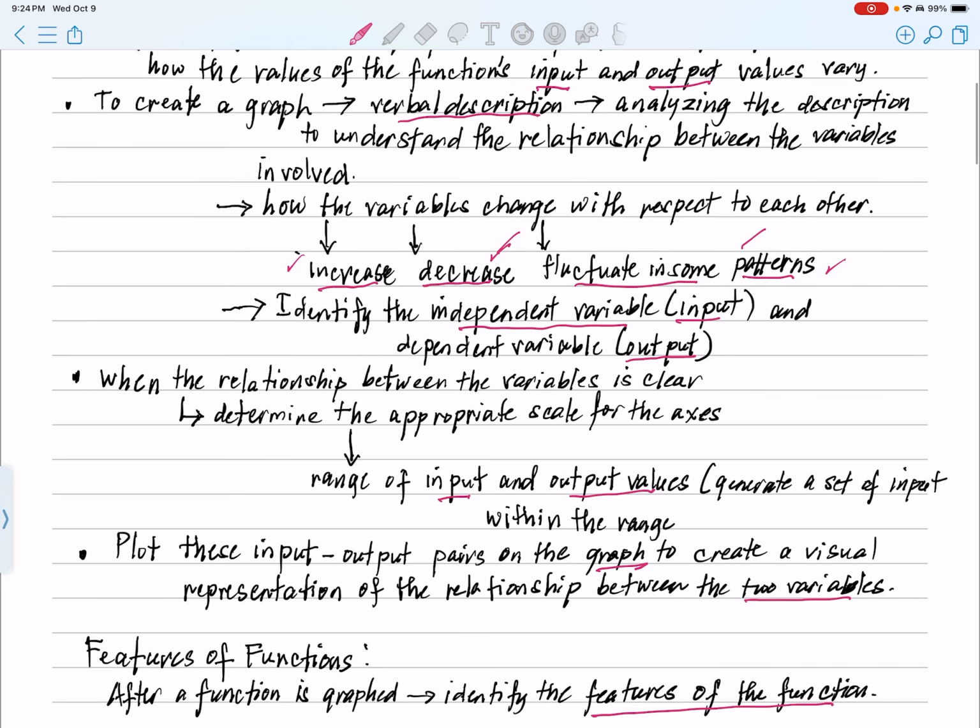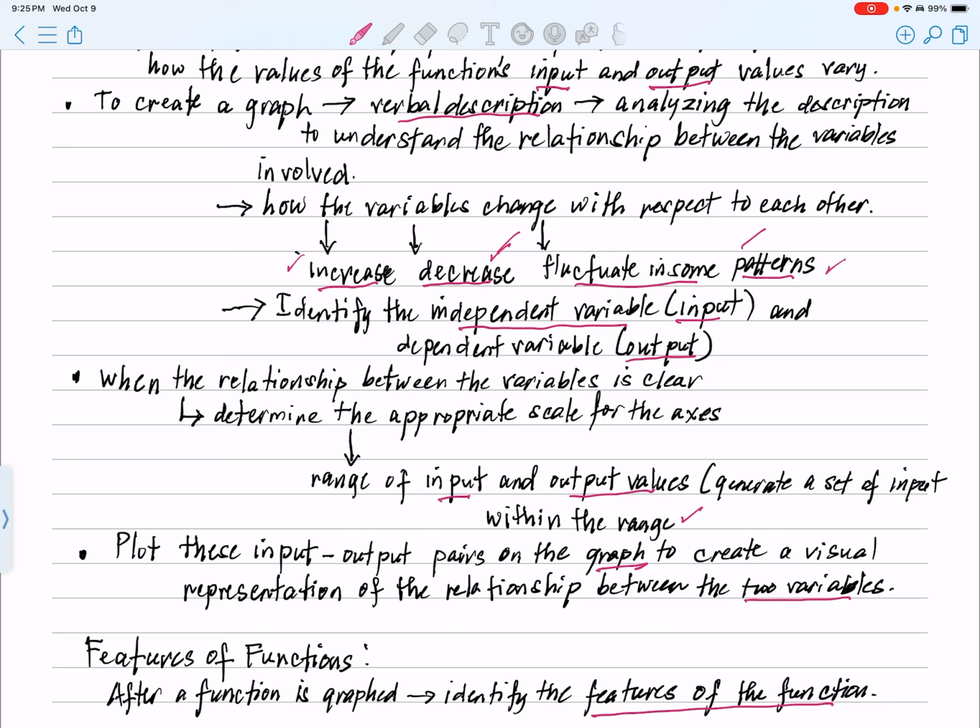So when the relationship between the variables is clear, then you can determine the appropriate scale for the axes. That is when we do the graph. So the range of input and output values generates a set within the range. Remember, I did a table in part 1, and then we put the values for the independent variable, that is the input values, and then we solve for the output values.